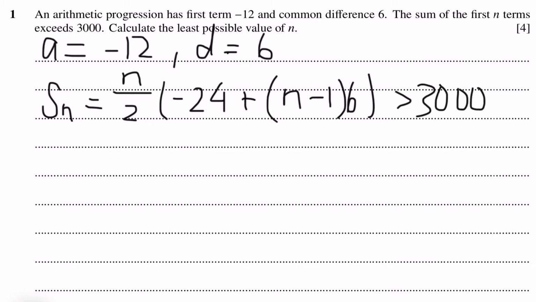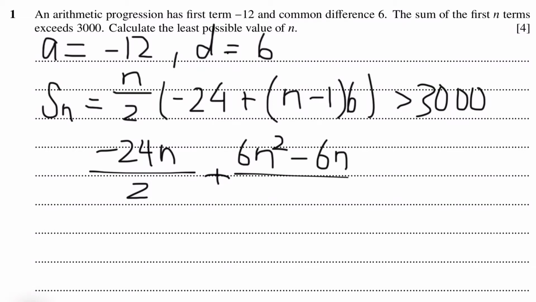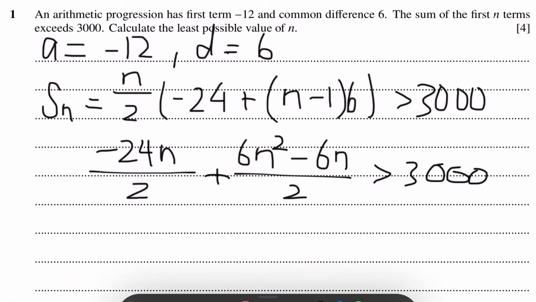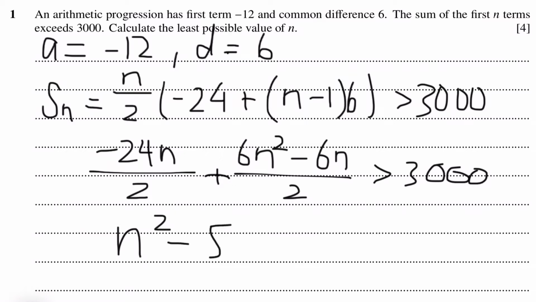So you will have -24n divided by 2 plus (6n squared minus 6n) divided by 2 exceeding 3000. If you simplify your equation, you will eventually get n squared minus 5n minus 1000 exceeding 0.